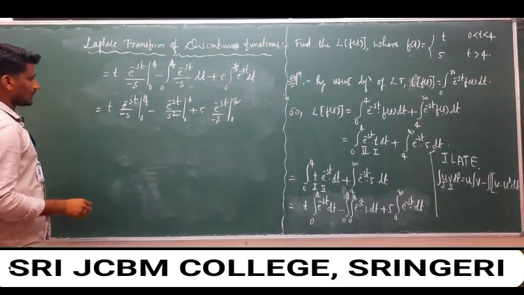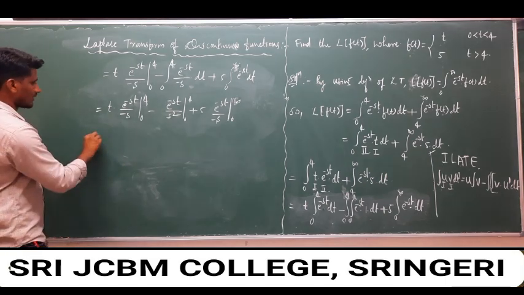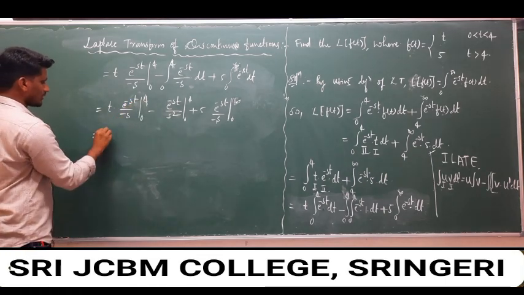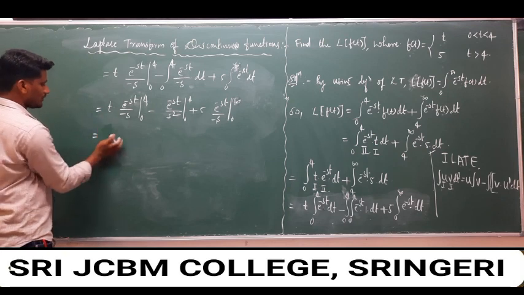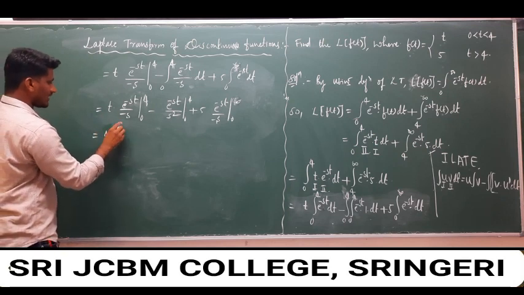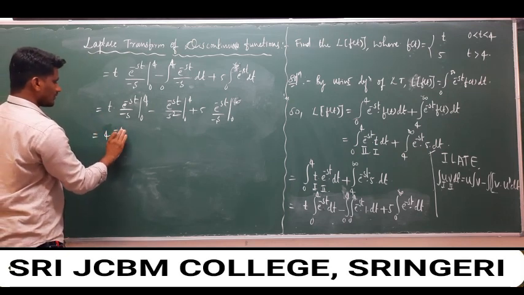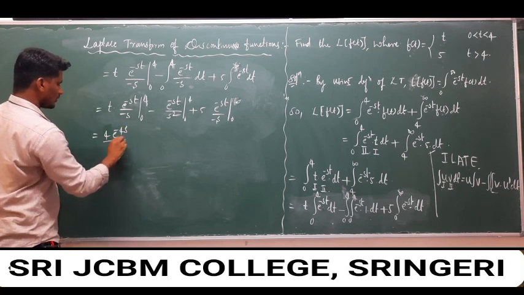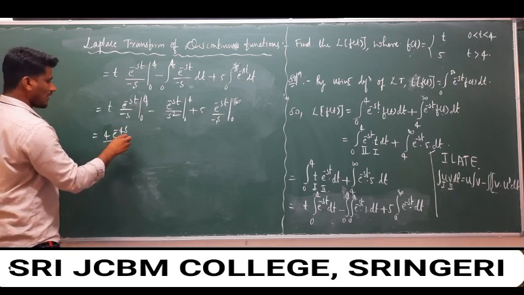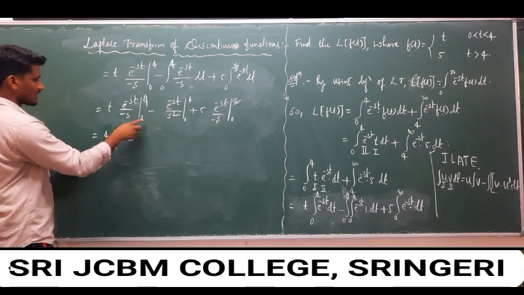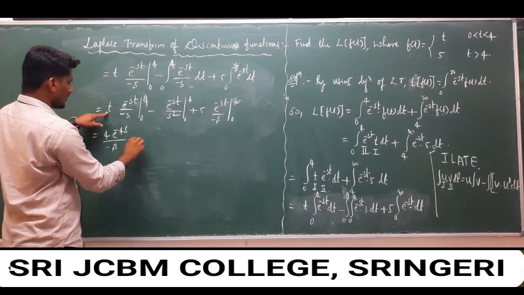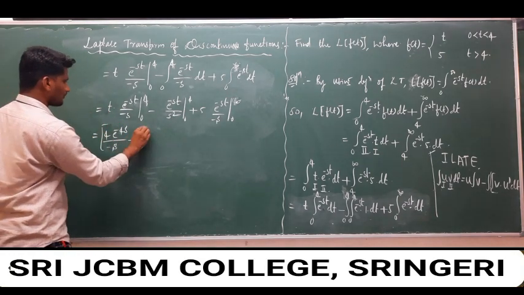And now apply the upper and lower limit values. The upper value is t equals 4, so e to the power minus 4s over minus s, minus the lower limit when t is equal to 0, and this one is 0.